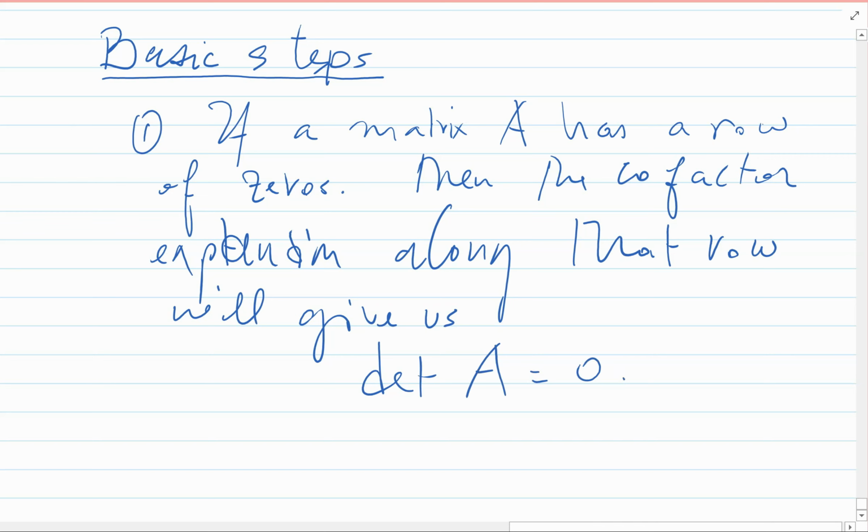So if a square matrix A has a row of zeros, then the determinant is 0.